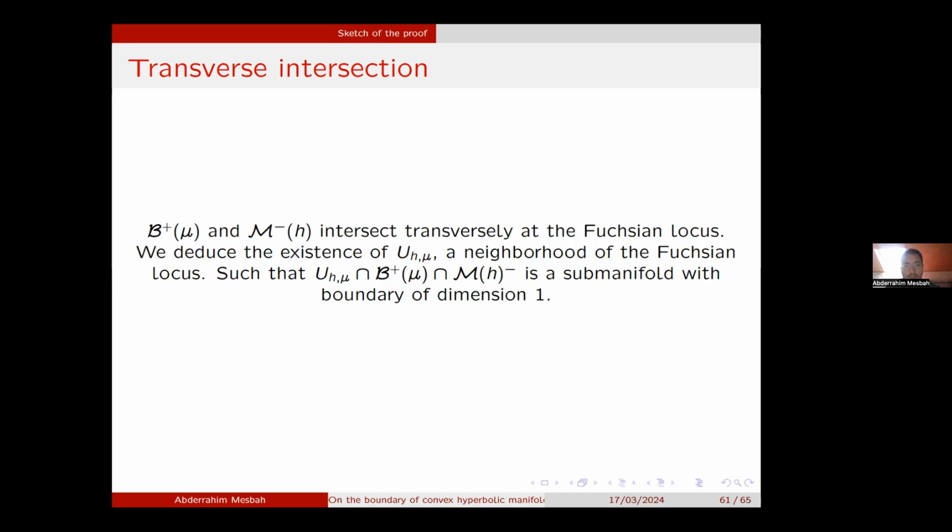From that, we deduce that there is a neighborhood of the Fuchsian locus in which the intersection of B plus and B minus is a submanifold with boundary of dimension 1.